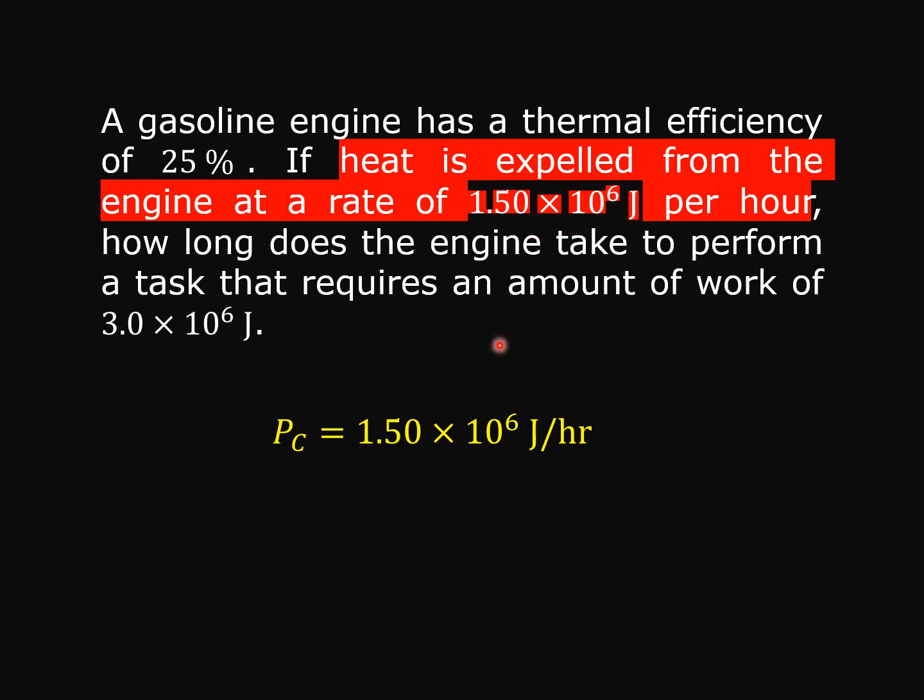So that means the power of the heat flow to the low temperature reservoir from the substance in the engine is equal to 1.5 times 10 to the power of 6 joule per hour. This is a power concept.